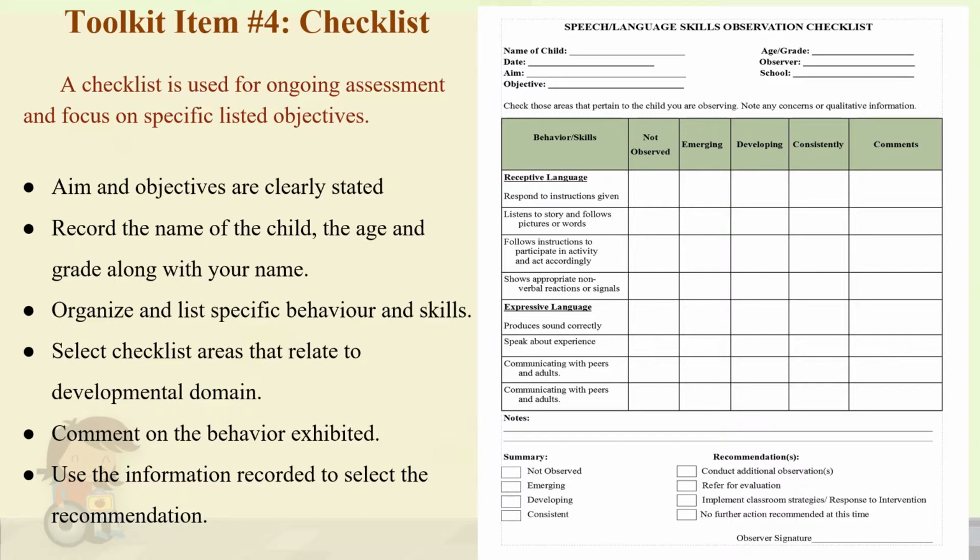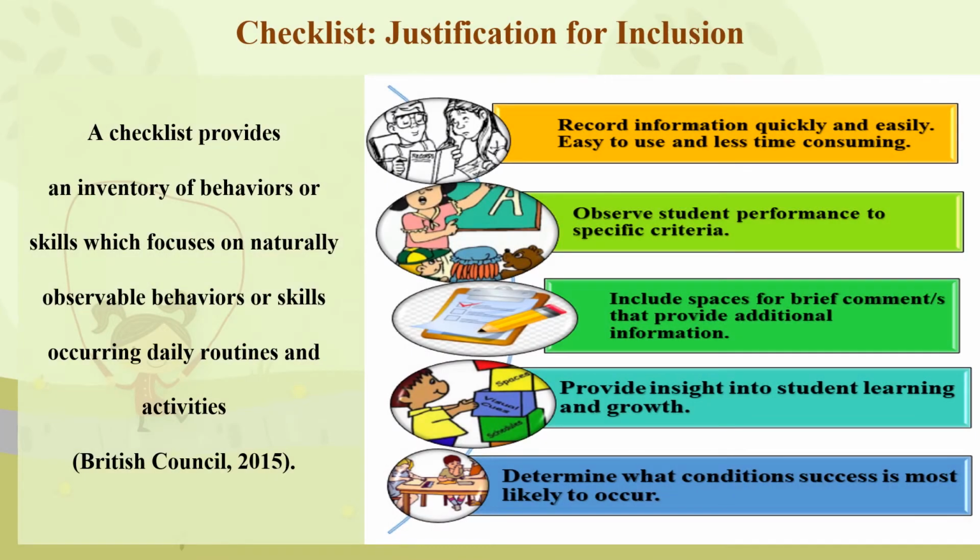One area that the observer might recommend is to conduct additional observation or to refer the child for evaluation, or implement classroom strategies, or the observer might decide, based on what was observed, that the child needs no further action at this time. So, why does an educator need a checklist as a tool to observe students?